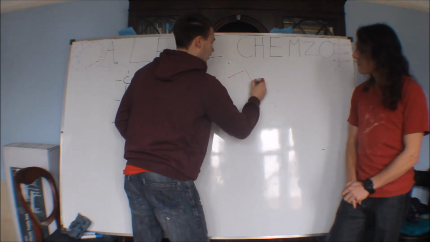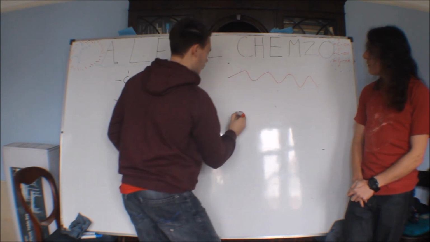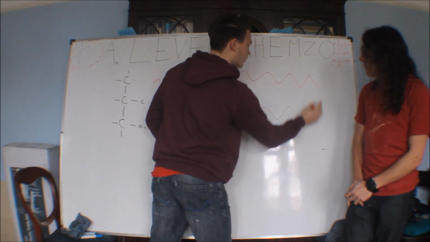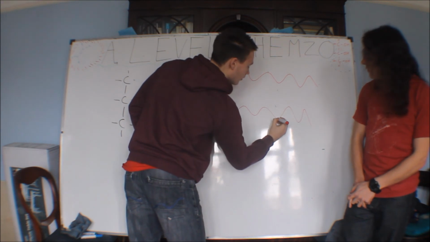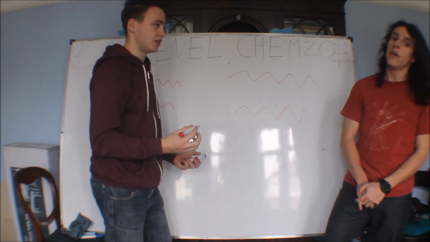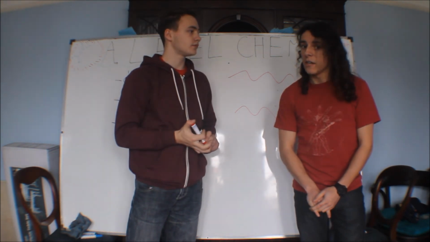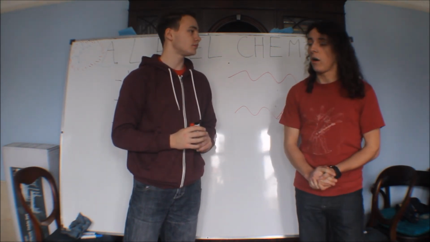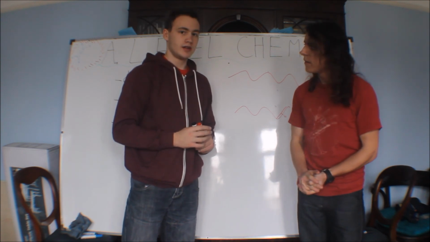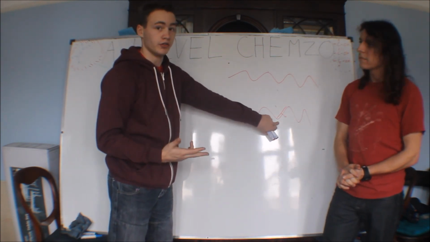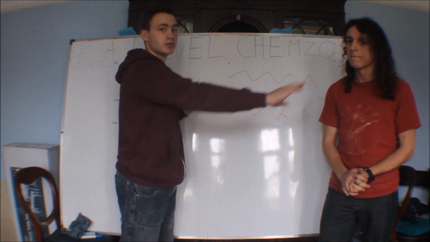Long ones, normally, like this. So if I draw both, this one would be saturated, this one is unsaturated, and the difference is this double bond. Not only does it change the structure, it can change quite a lot about what the fat does. So first we need to look at what a double bond does itself before applying it to a large molecule.